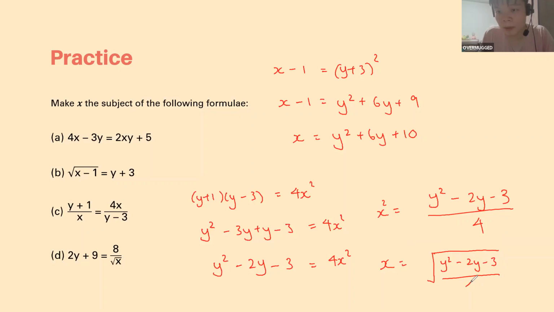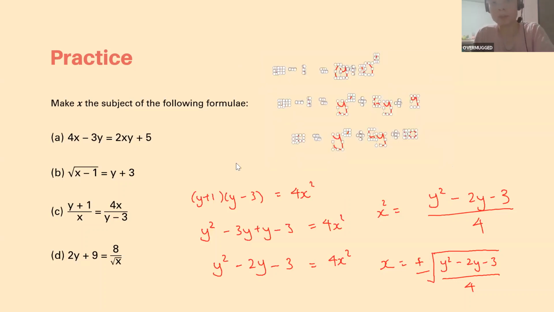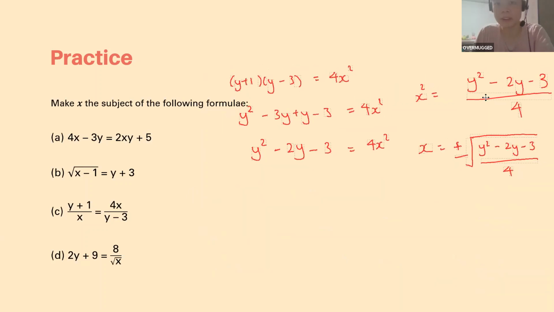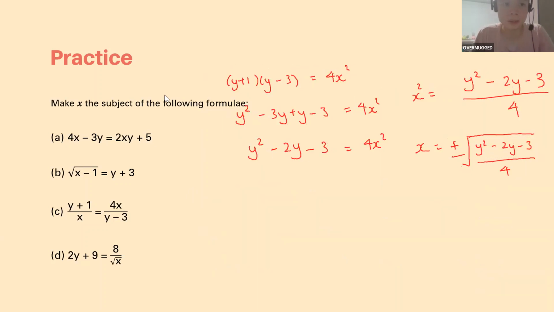As one of you pointed out, I'm square rooting a variable, so there's plus minus. This is for your part C. I'll move part C up now for you to process.